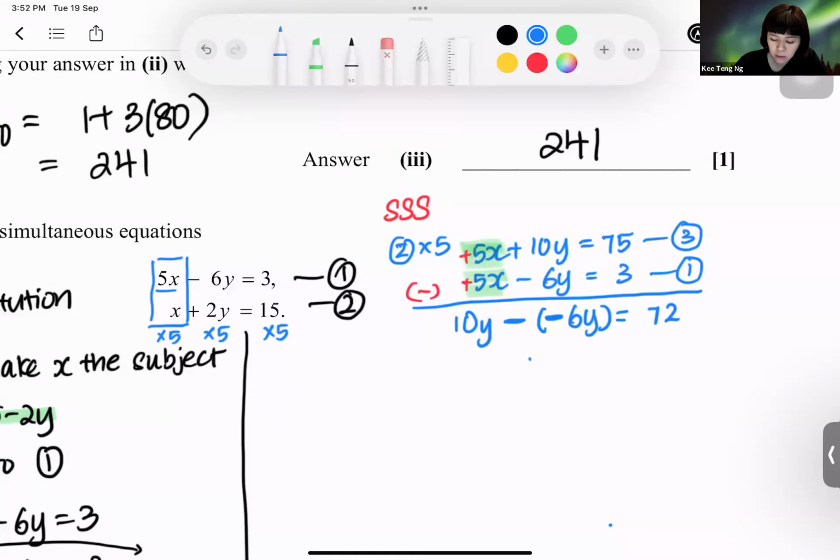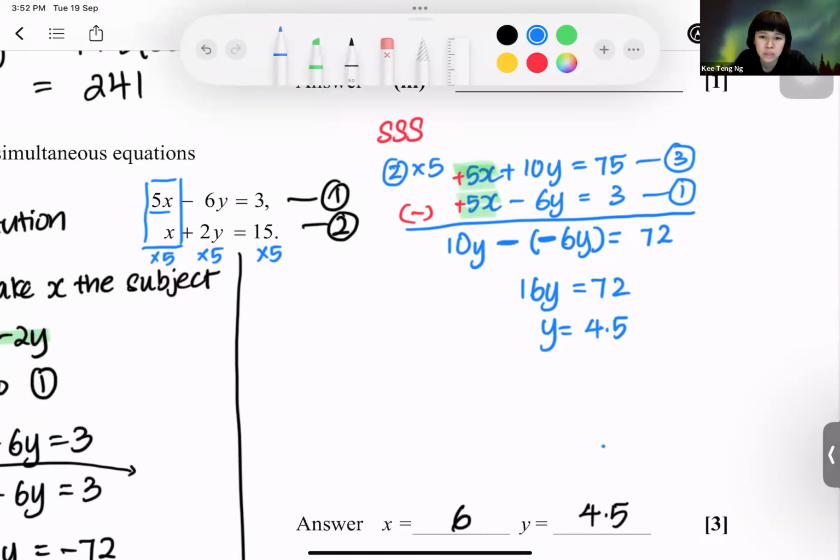So positive 16y, minus becomes plus, equals to this. Then y equals to 4.5. Then you can plug it into any one of the equations and find the value for x. So for example, I can plug in x plus 2 times 4.5 equals to 15. x equals to 15 minus 9, 6.